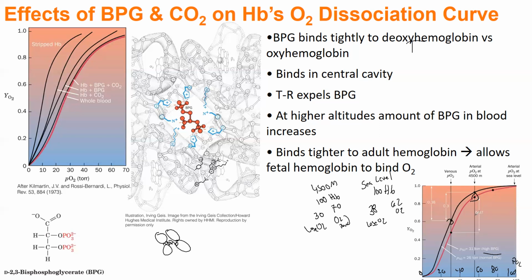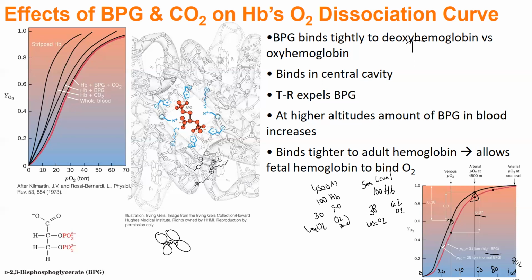So we have a 37% efficiency of delivering oxygen at this high level of BPG. That's how your body will get used to being in a situation with less oxygen, which happens at higher elevations. You produce more BPG, so you're better at delivering that oxygen rather than with your sea level BPG amount.